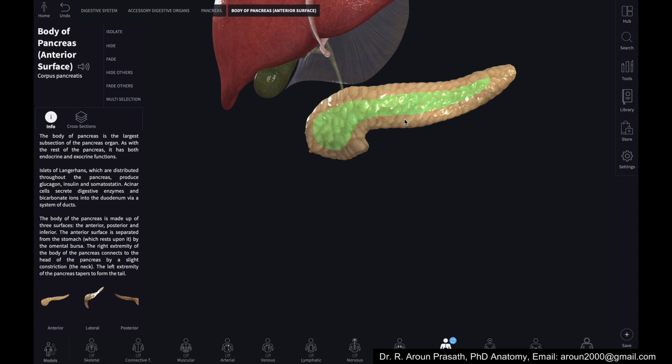That is what we call the islets of Langerhans. The islets of Langerhans are nothing but endocrine cells. There are three types of cells: alpha cell, beta cell, and delta cell.